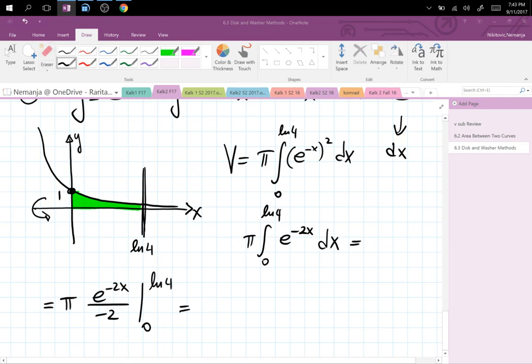We have a negative pi over 2. And we have now to plug in ln4. When I plug in ln4, I will get e to the negative 2 ln4 minus e to the 0.